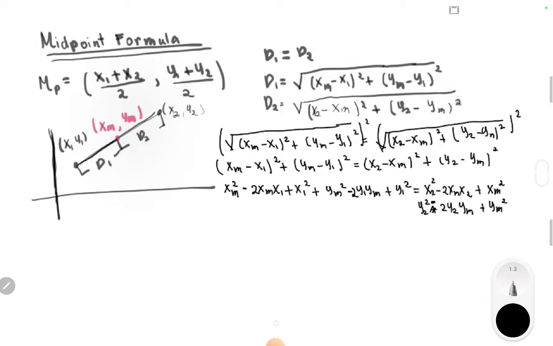Now from this equation, we could group all values with x and all values with y.